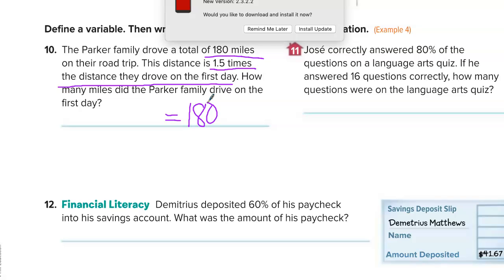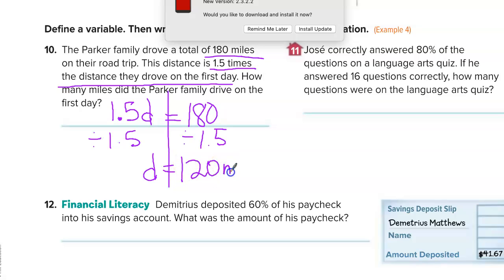So I'm going to take 1.5 and use D for distance. I'm using my calculator to divide, and we should have got 120 miles.